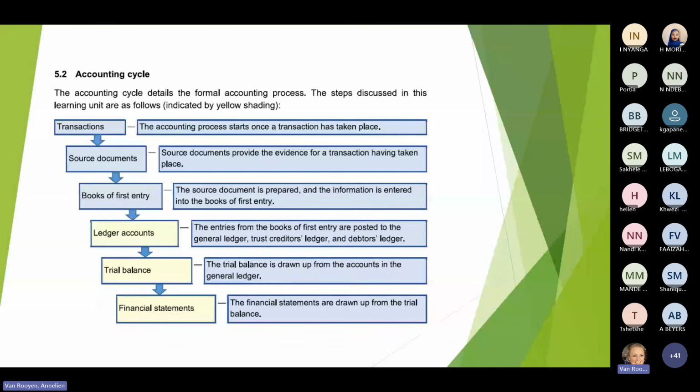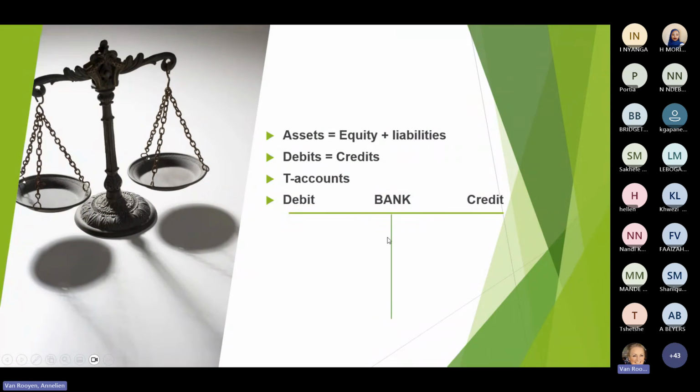So tonight we are going to take it a step further, and we're going to focus on getting the information from the books of first entry into our ledger accounts. Remember, I also explained to you last time that always remember with your basic accounting equation that assets equals equity and liabilities.